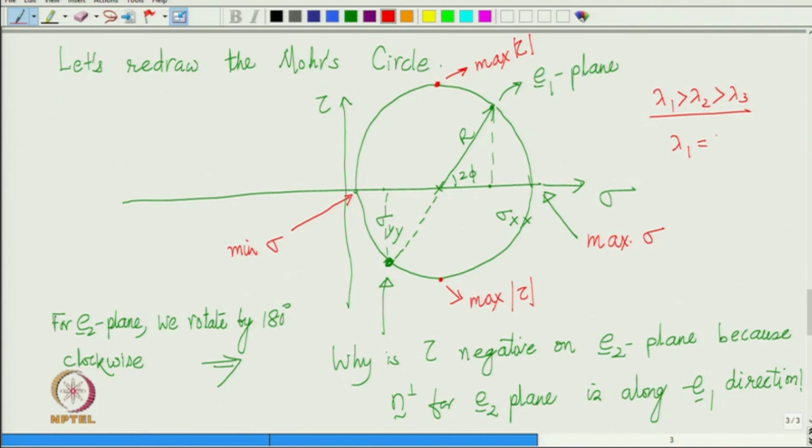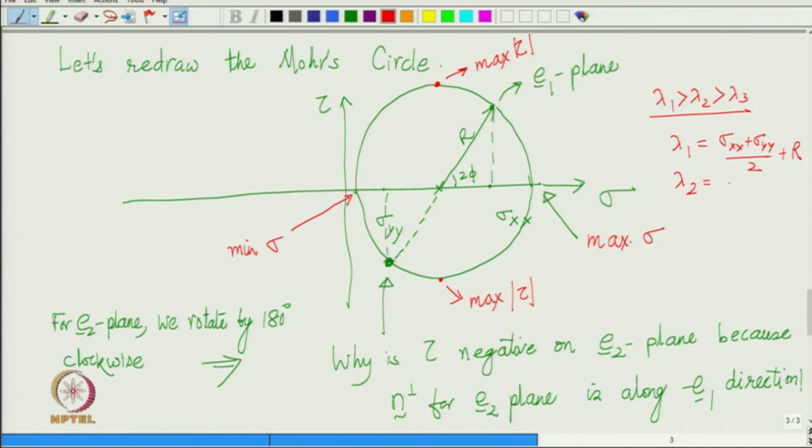So, lambda 1 is basically the center, which is sigma x x plus sigma y y by 2 plus radius, right. And what will be then lambda 2?